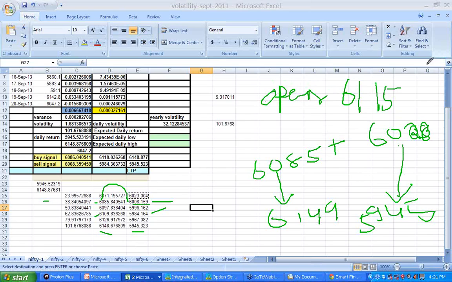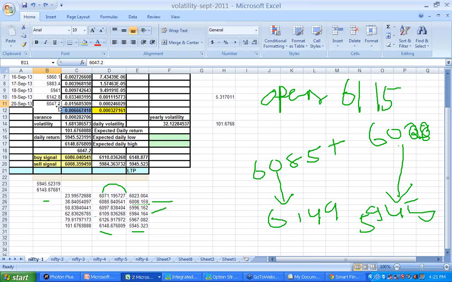Assume it has opened at this level. So what I have to do here, because it is not as per my calculation, I have to just change the last record to 6115. So I got a new level, where my sell signal is 6078, buy signal at 6151.